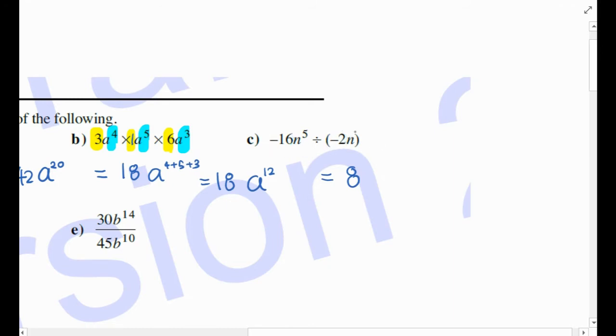And also you have to remember 1 here. There's always a hidden 1 as an exponent. If there's no exponent, there's always hidden 1. So n to the power of 5 division. So you have to subtract 1. So that is A to the power of n to the power of 4.